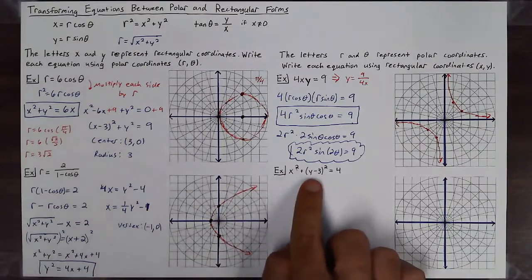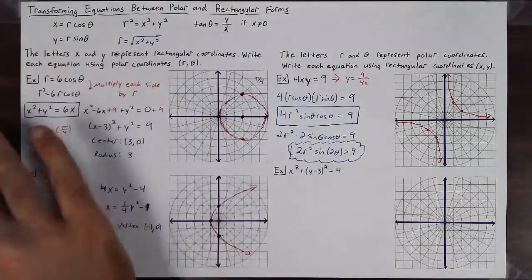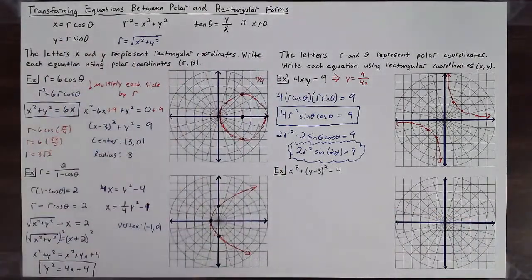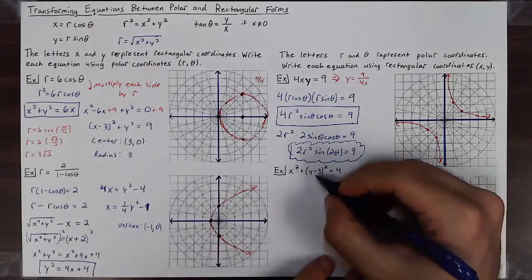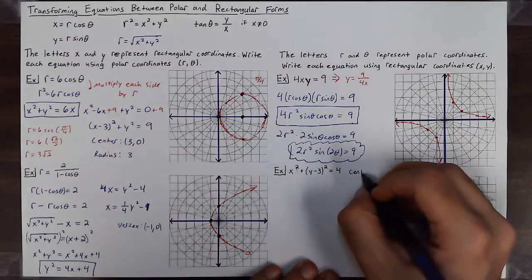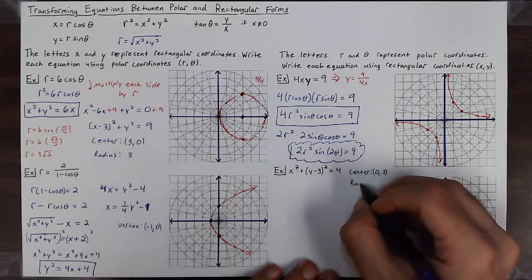Now, x squared plus (y minus 3) squared equals 4. That is a circle, but we're going to show how to go in the other direction to a circle equation, which might not always look exactly like this, but let's see. We have our center here at 0, 3, and a radius of 2.